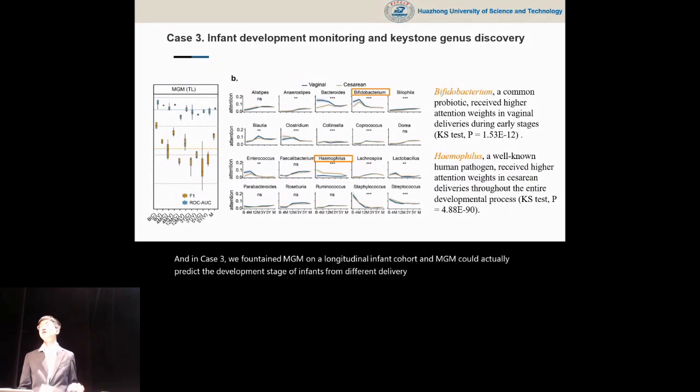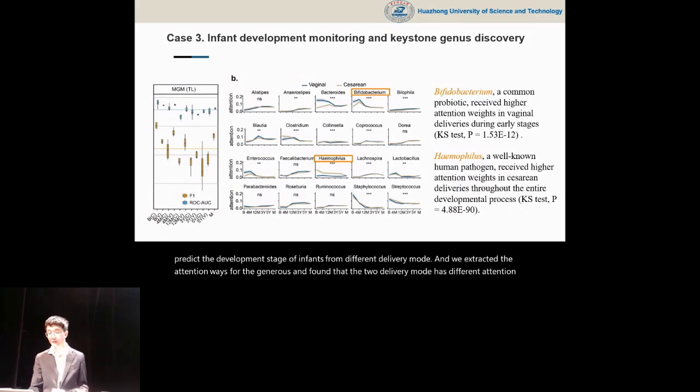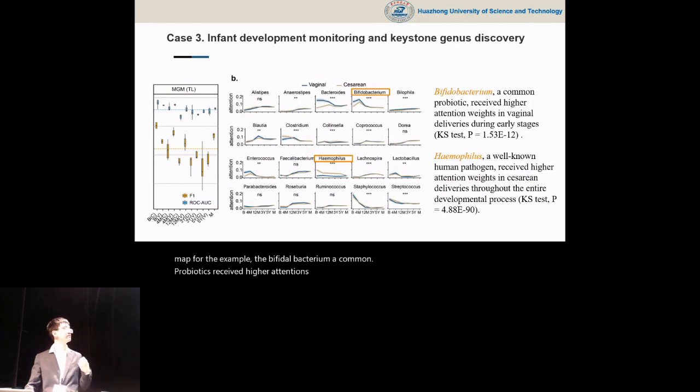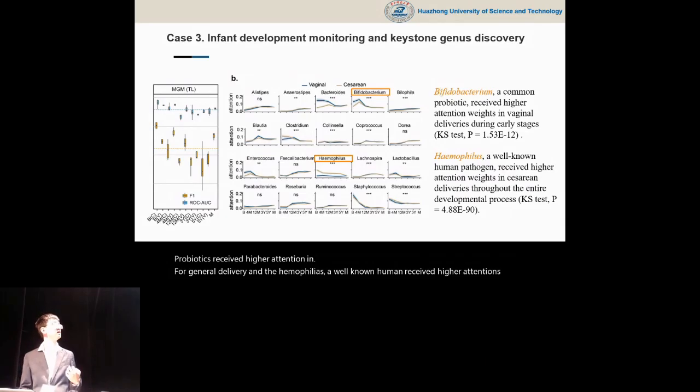We extracted the attention weights for the genera and found that the two delivery modes have different attention maps. For example, Bifidobacterium, a common probiotic, received higher attention in vaginal delivery, and Haemophilus, a well-known human pathogen, received higher attention in cesarean delivery mode.